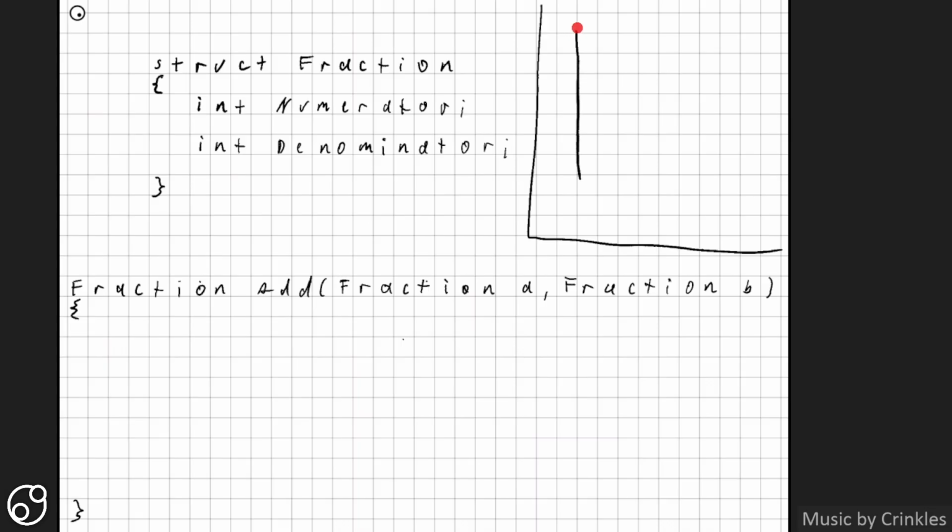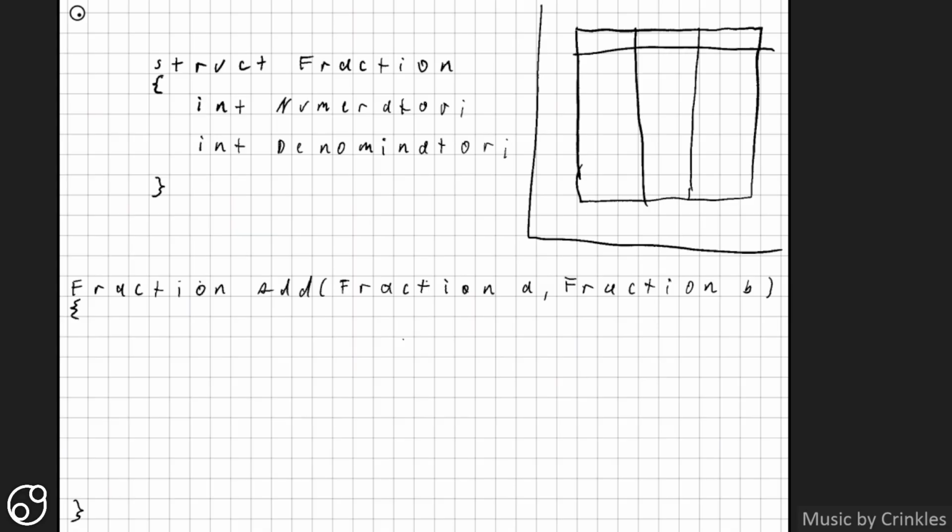So we have a table: type, name, value. Before we would have something like int a 5, for example. And now instead we have just fraction a.